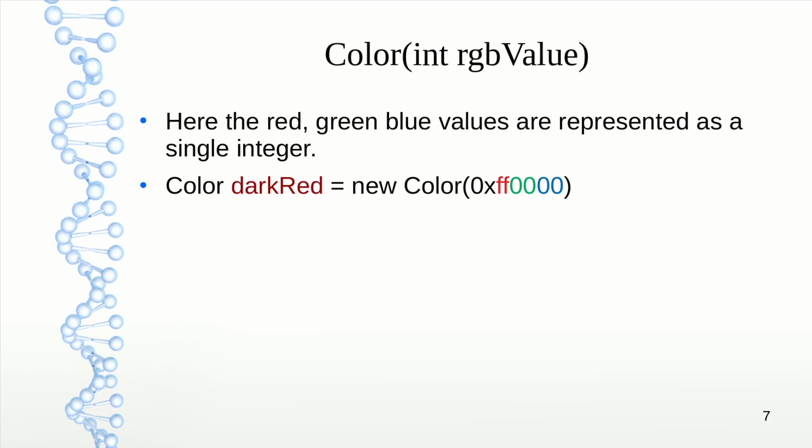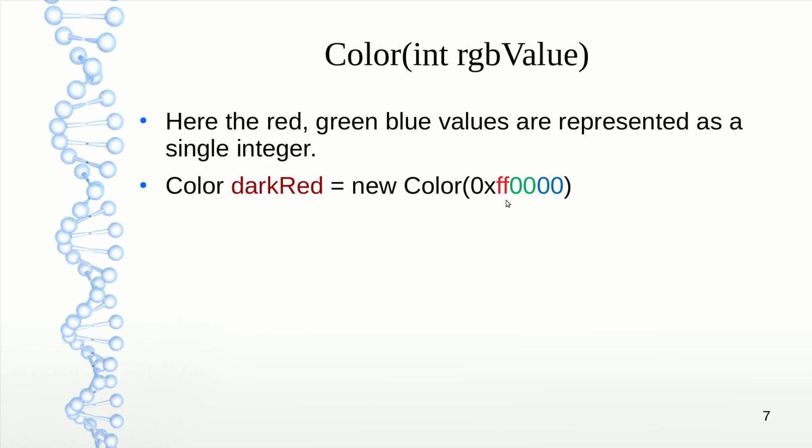This is the other constructor that we saw, where instead of providing separate values for red, green and blue, we provide a single integer value. For example, here you can see a value in hexadecimal, and the value is FF0000.